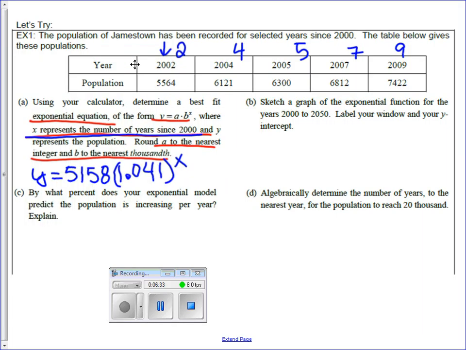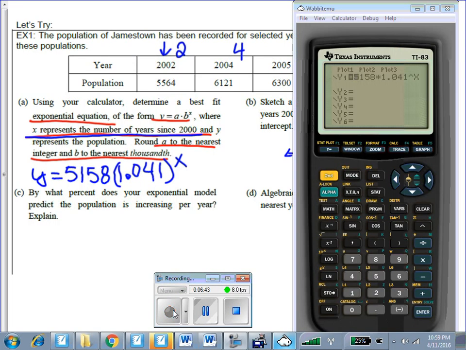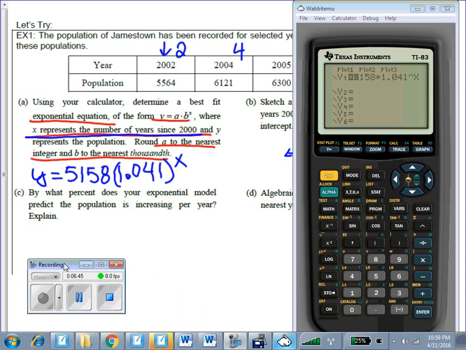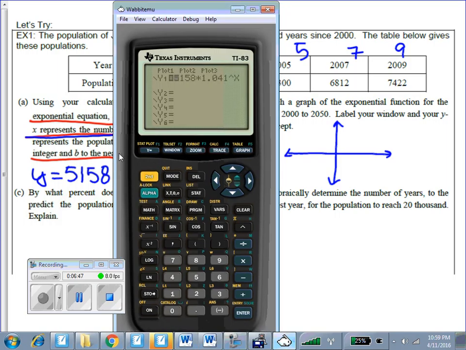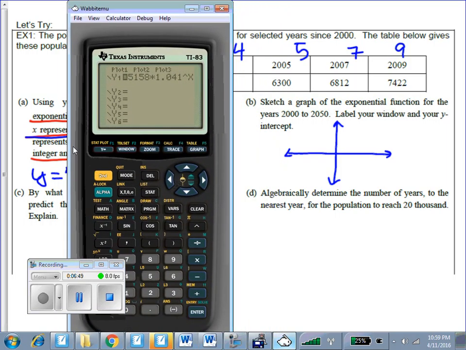Okay, let's look at the next part of this question. It says to sketch a graph of the exponential function for the years 2000 to 2050. So include your window and your y-intercept. If I want to actually graph this, I first need to put the equation that I just came up with in my y equals. So I entered that into y equals, as you can see here.